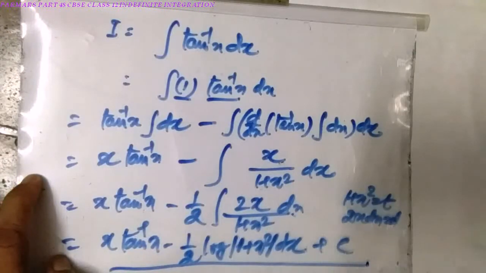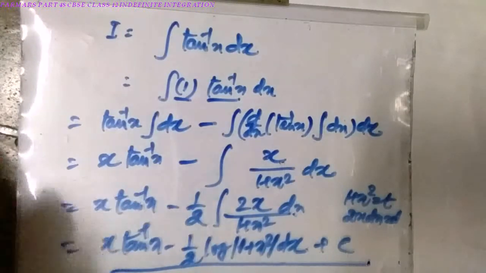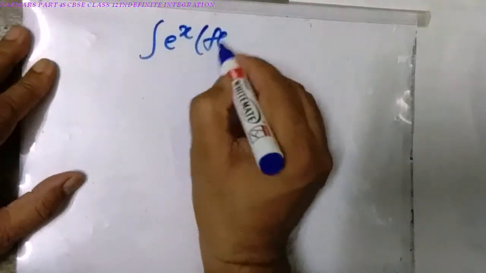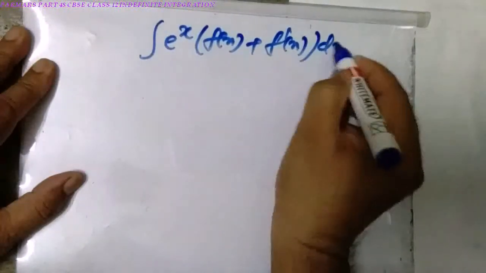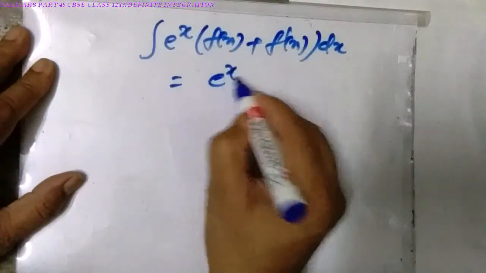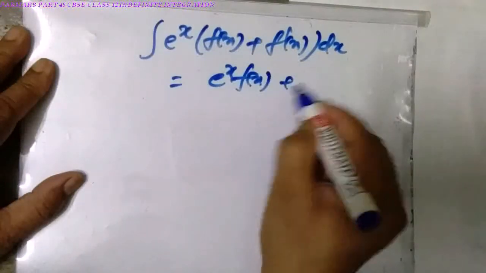Now moving towards another part of integration, I have given you the idea about one type: if a function is in the form e to the x times f(x) plus f dash x, dx, it is simply, if it is a 1 mark question, you should write down the answer.